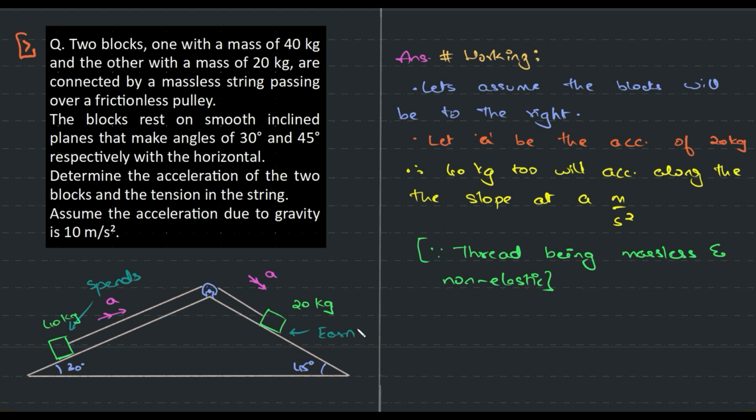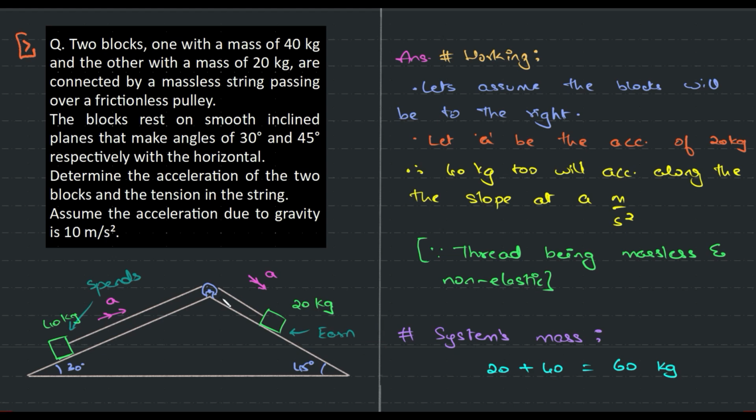So it will pull. There's no other option, right? So now we have this pulling and this spending. So we have the system's mass. Okay, what is the mass of the system? 20 plus 40. So this will be equal to 60 kg.